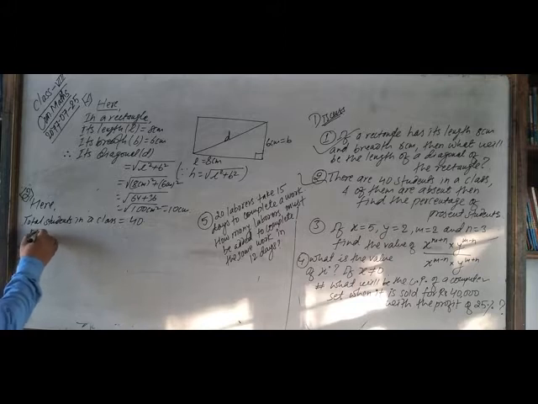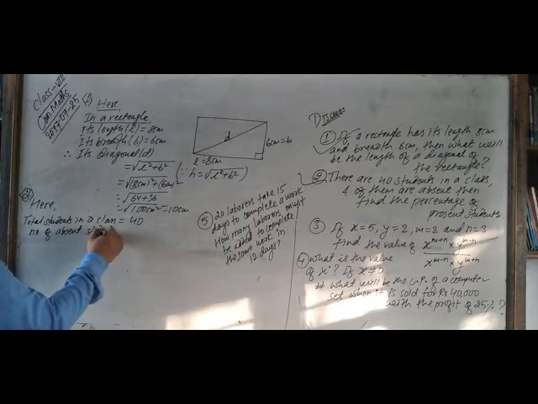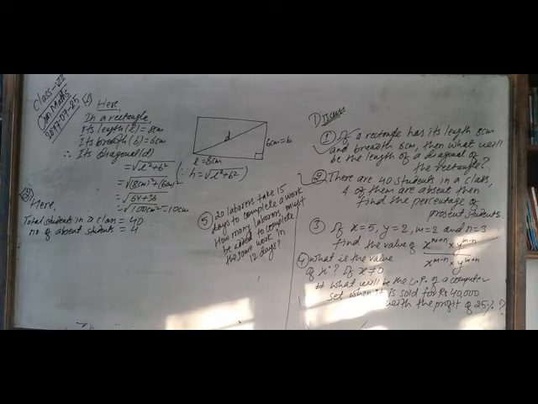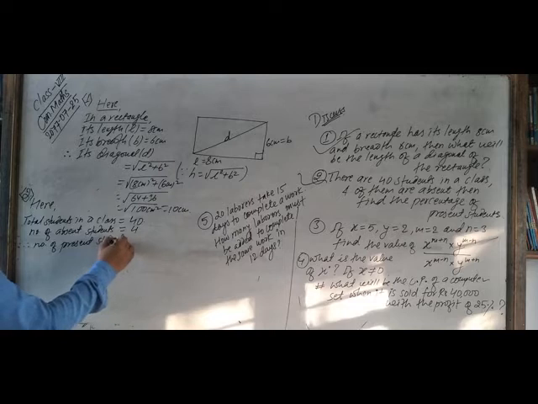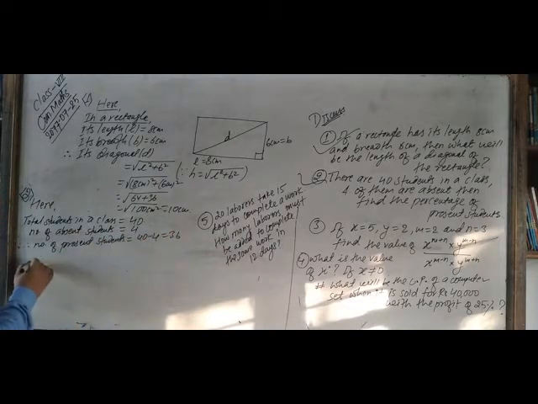Number of absent students is 4. So find the percentage of the present students. Therefore we can find the number of present students, 40 minus 4, that is 36.